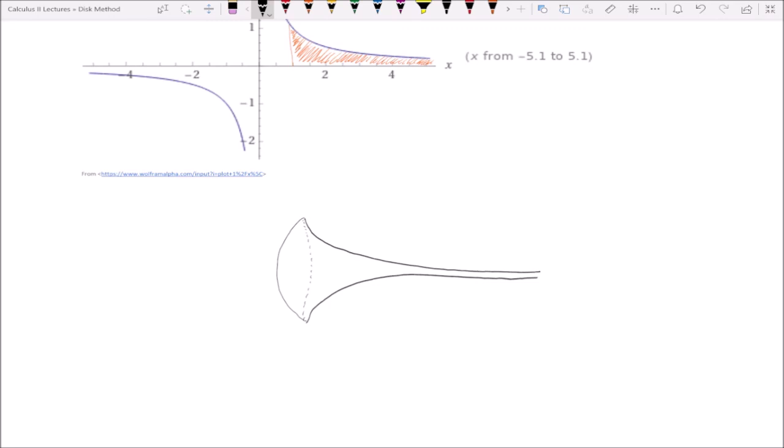And of course this just goes out forever. It kind of looks like a trumpet. So I'm just going to do something like that, because that's going to continue on.